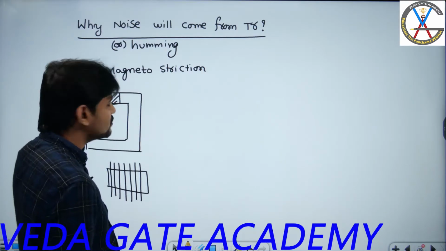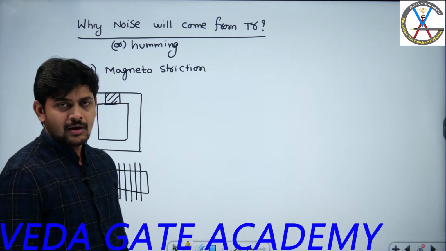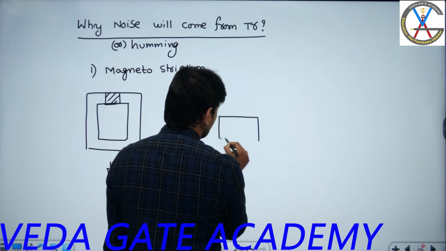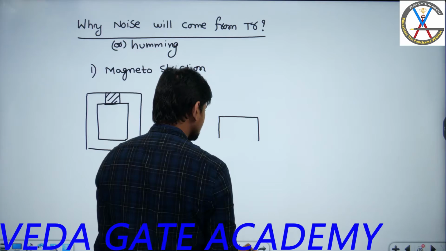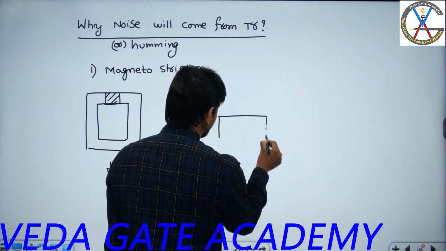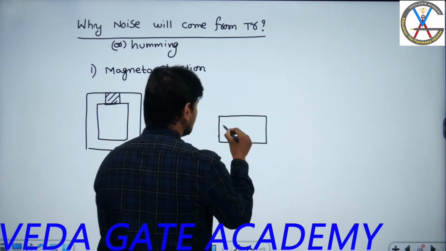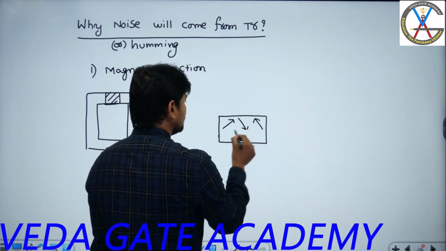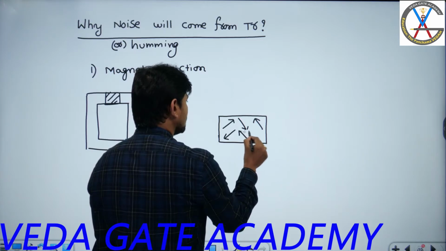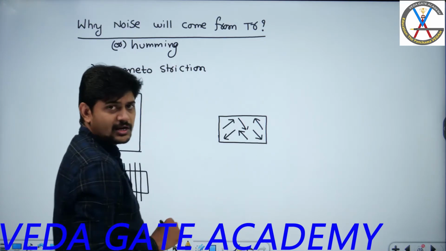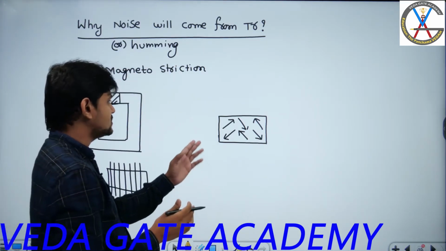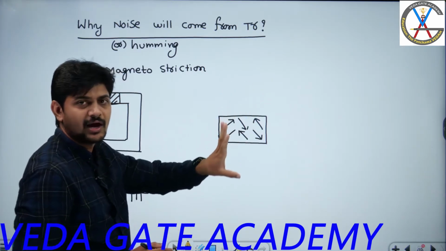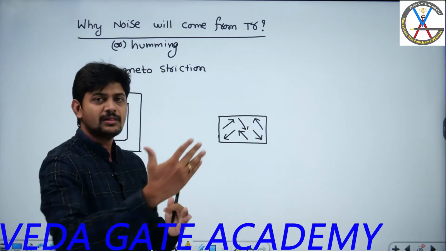And if you are taking this portion, it consists of n number of dipoles, right? So suppose you take a small portion of this magnetic material, all the dipoles are oriented irregularly. So if one dipole is aligned in this fashion, there is one more dipole somewhere in this magnetic core material which will be in the opposite direction.